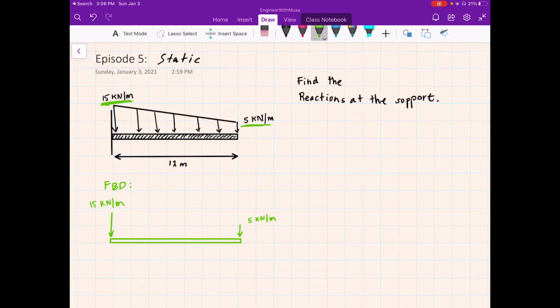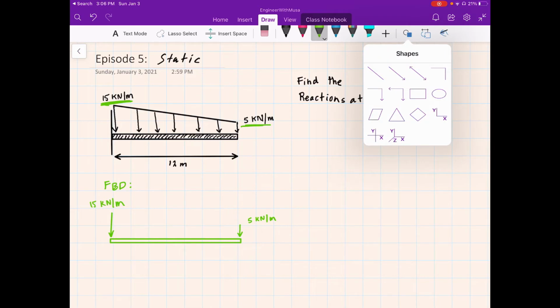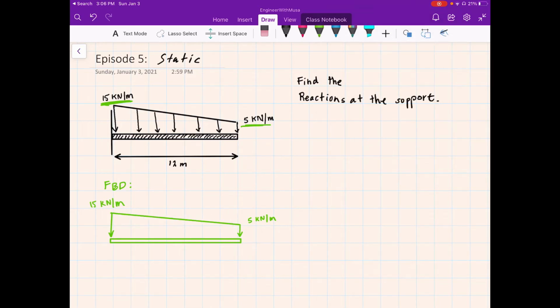And it kind of descends linearly like so. Cool.